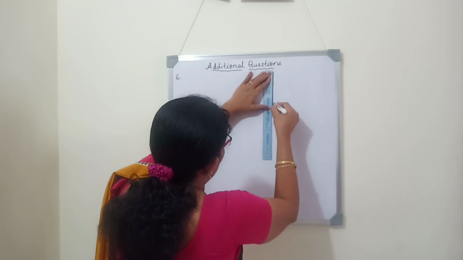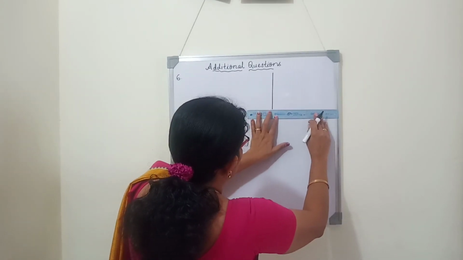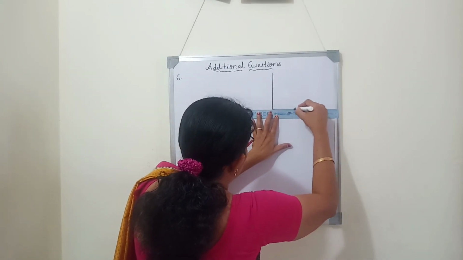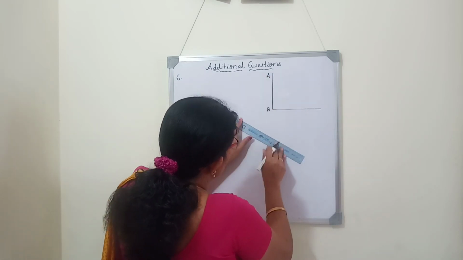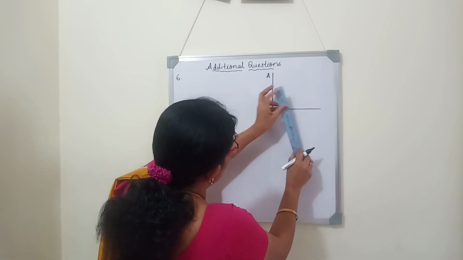So first we will draw the lamp post. Here AB is the lamp post. A girl is walking away from the lamp post.